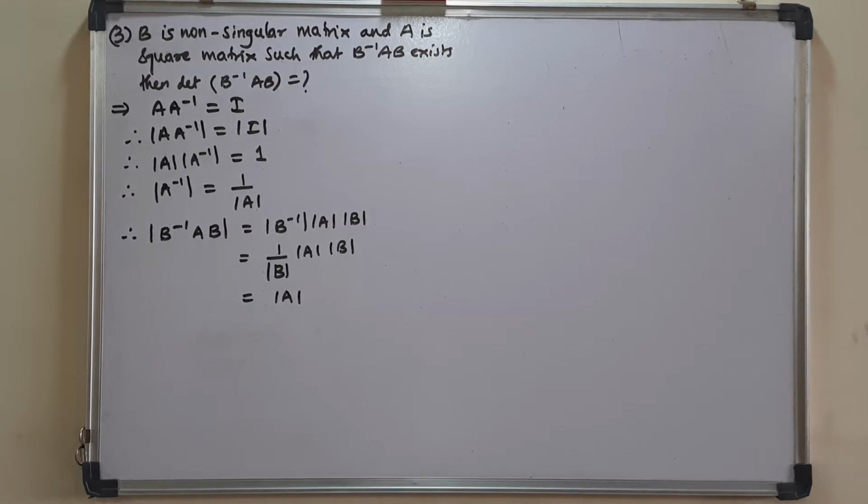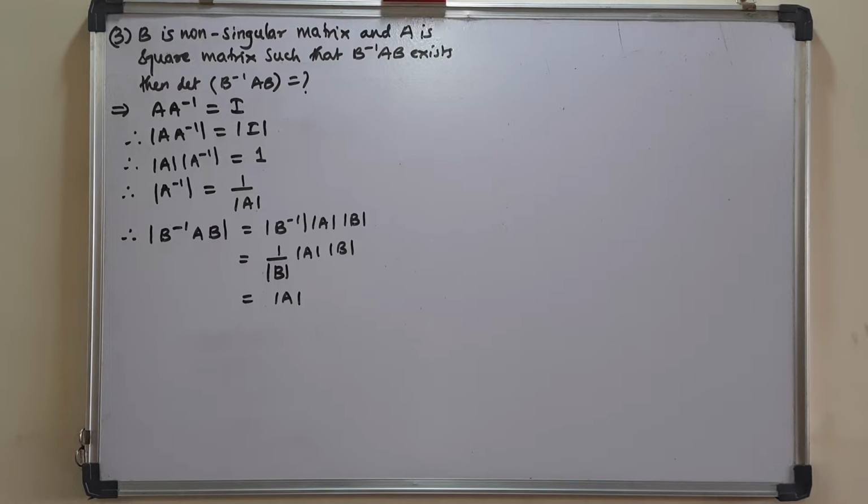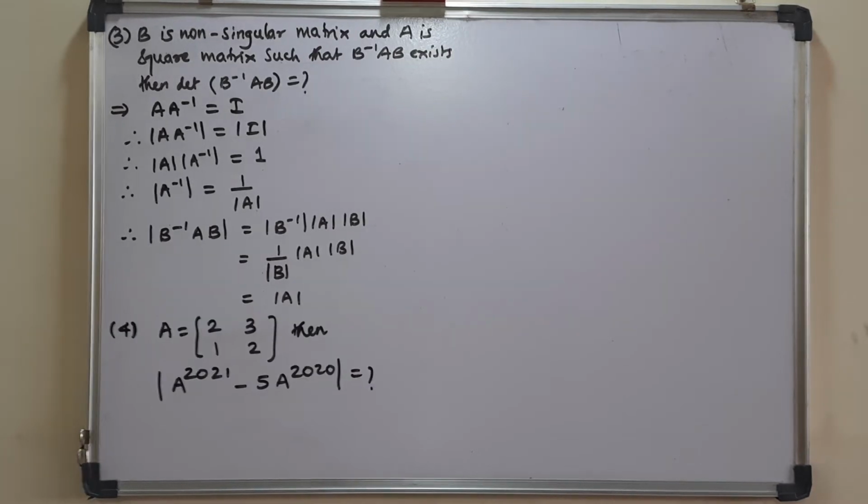I first tried to understand the determinant of an inverse matrix, and I found it is nothing but 1 upon the determinant of that same matrix. That yielded me the determinant of A for this particular question.